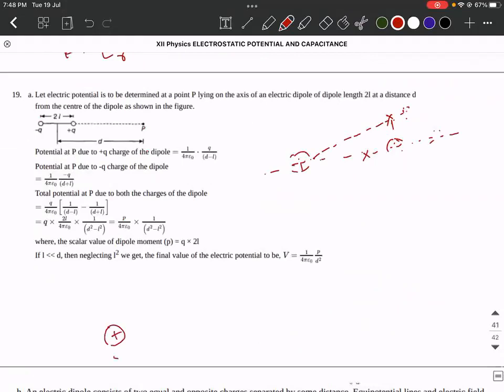So positive charge of 5, negative charge of 3. Is this what you're saying? So if I take a point P here, no, you can have it, you had it here, no? That was possible.